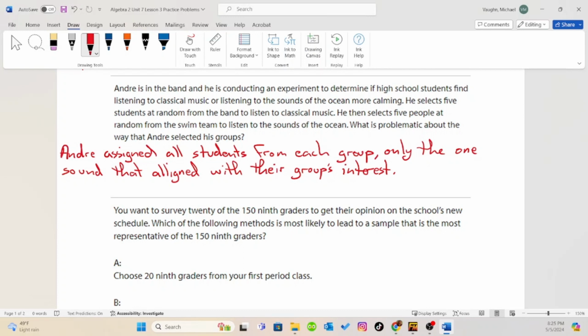This is not randomly assigning people. This is not randomly selecting people.